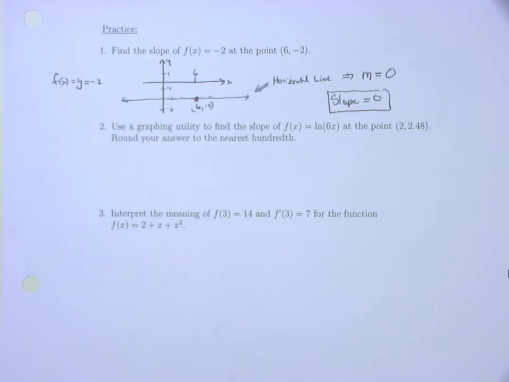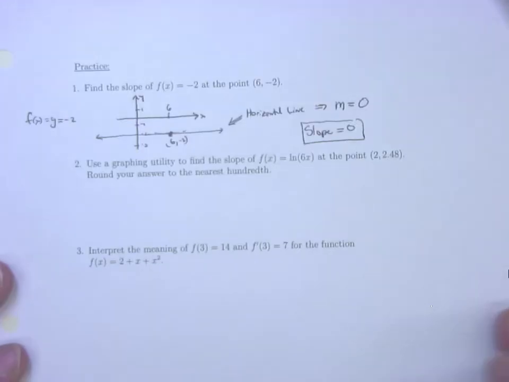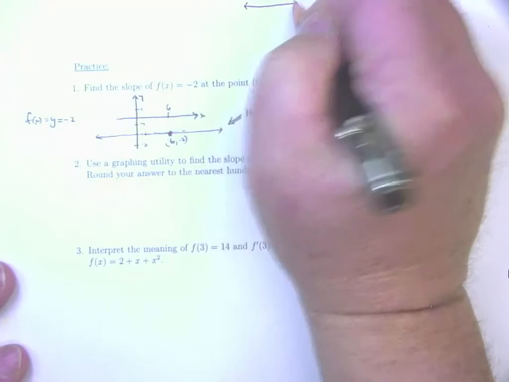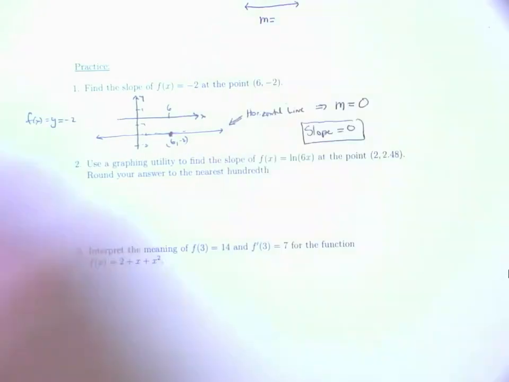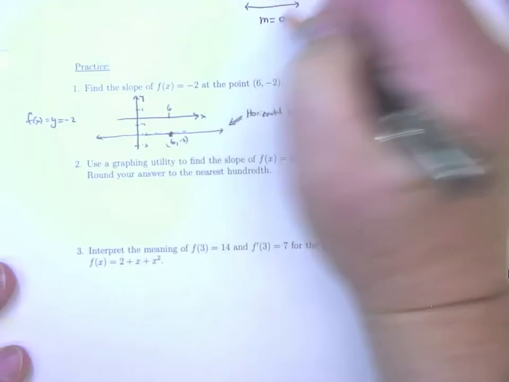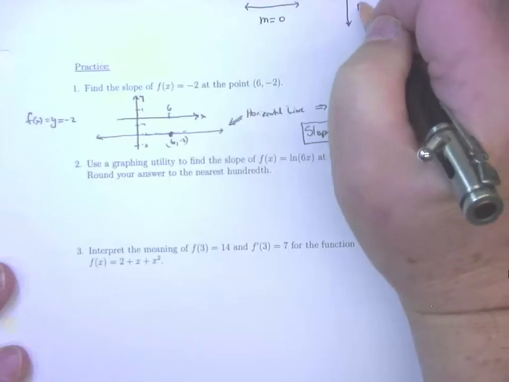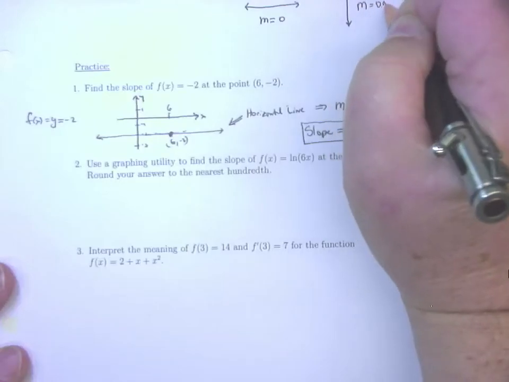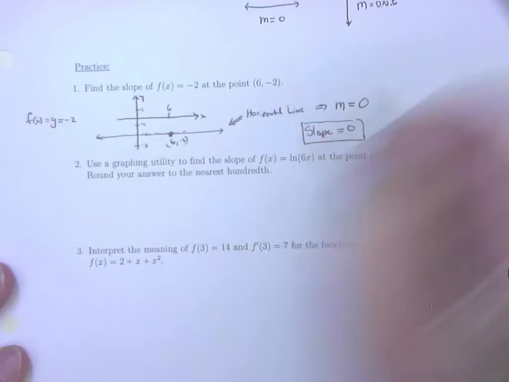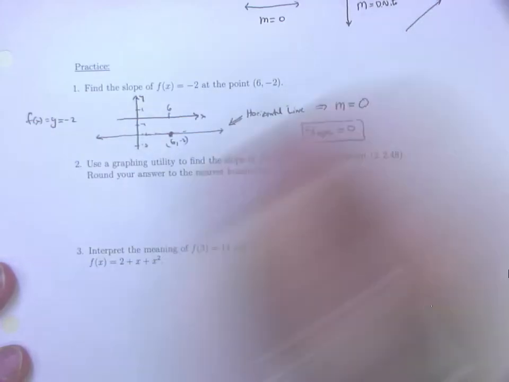You guys look a little worried to me when I talk about slopes. Here you go. See this guy right here? Horizontal lines, what kind of slope do they have? 0. Vertical lines, what kind of slope do they have? Undefined. Slope does not exist. What kind of slope is this one, going from left to right?